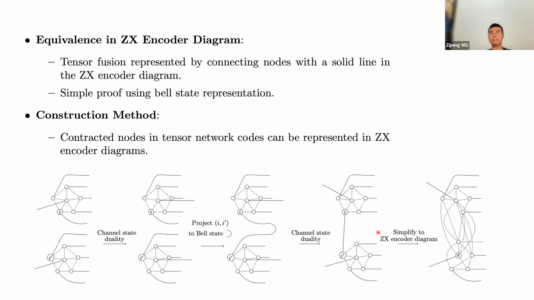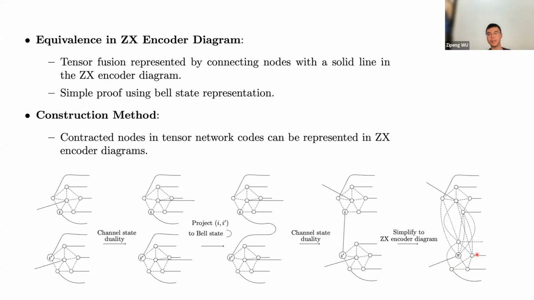Yeah. As long as there's no control Z between these two encoders or the input nodes of the encoder, we can just discard this local Clifford operation because it does not affect the code space.